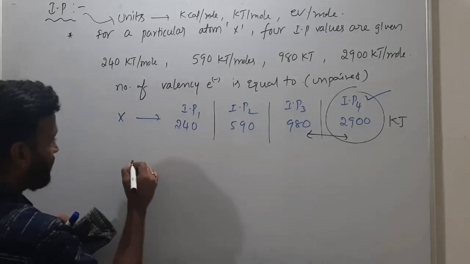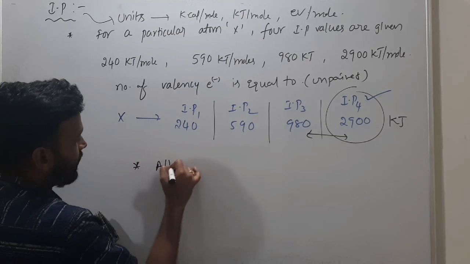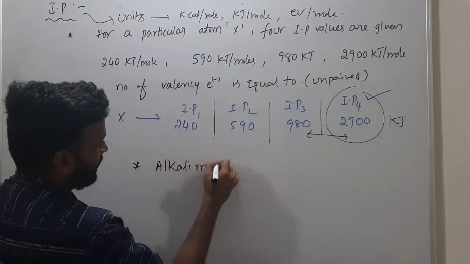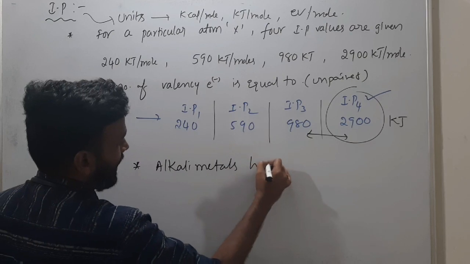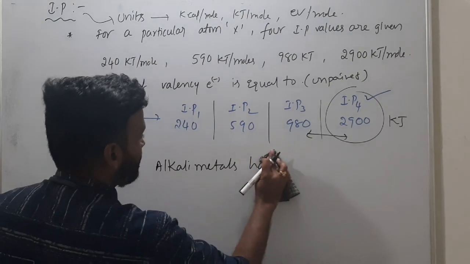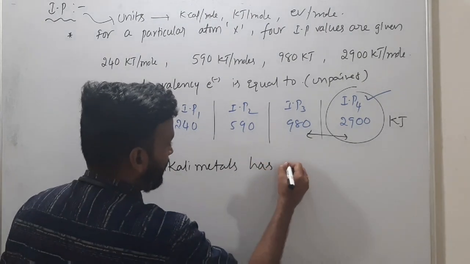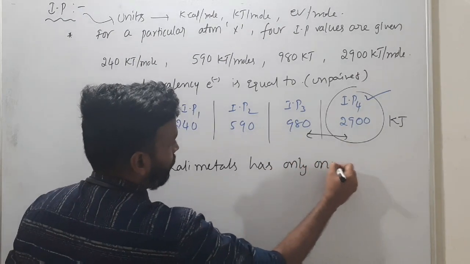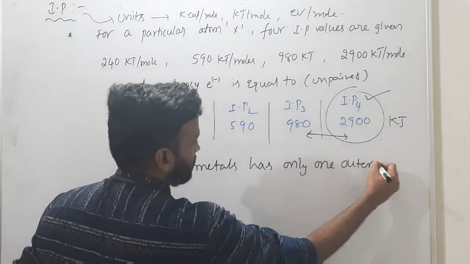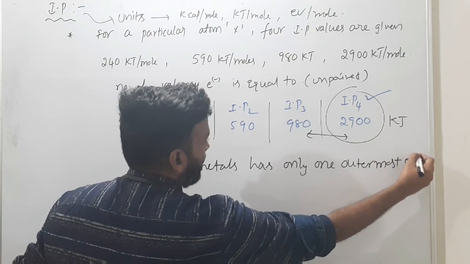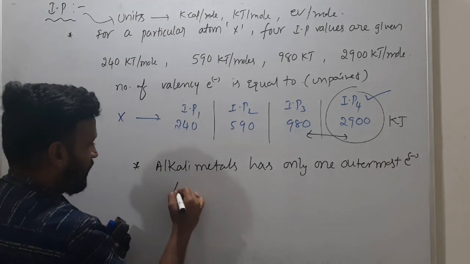So what you can say, therefore, conclusion: alkali metals have only one outermost electron. Do you remember the configuration?